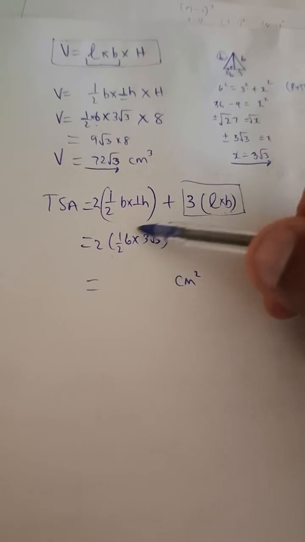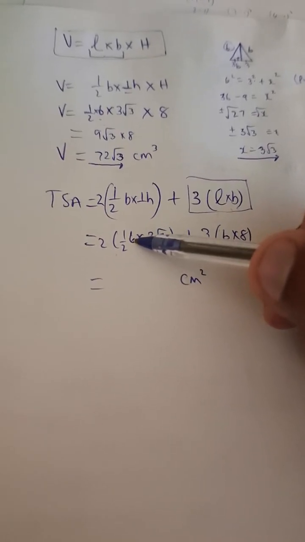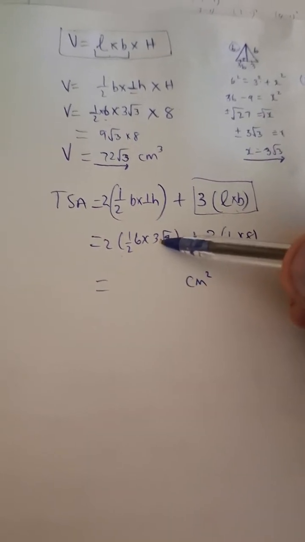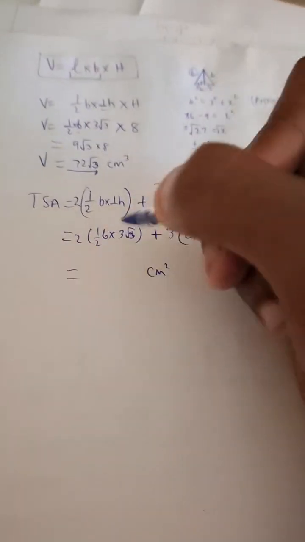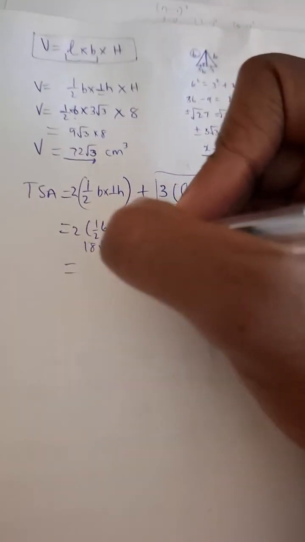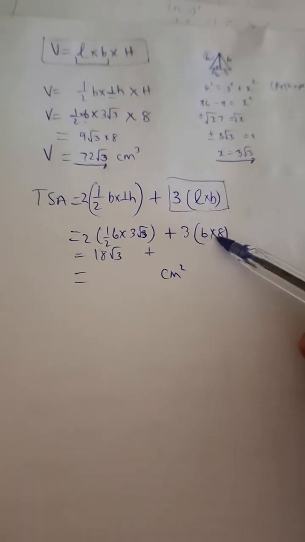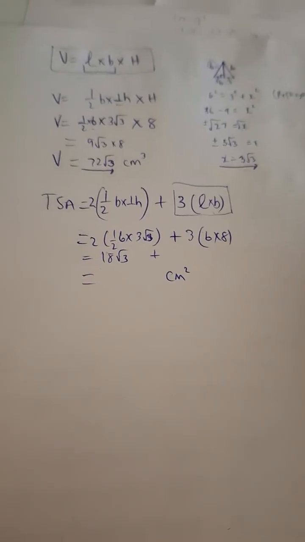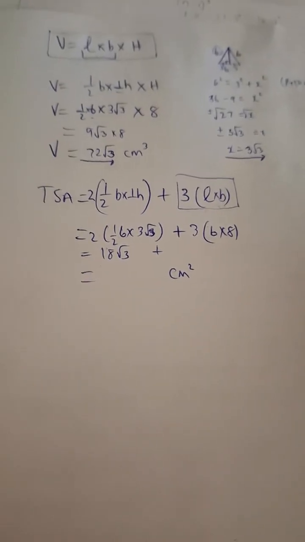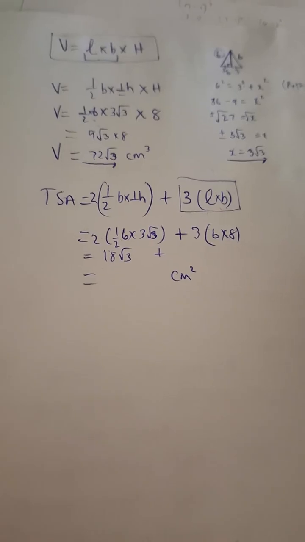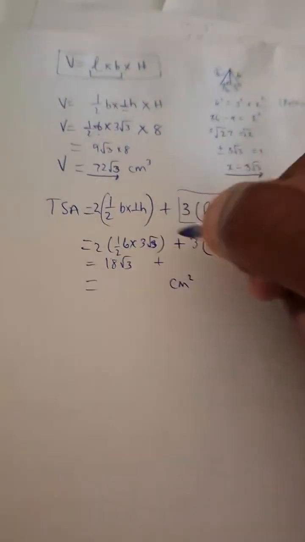Okay, so half times 6 is 3. 3 times 3 is 9. 9 times 2 is 18. You have 18 root 3 here. All right, plus 6 times 8 is 48. 48, guys, times the 3 is going to give us 144.